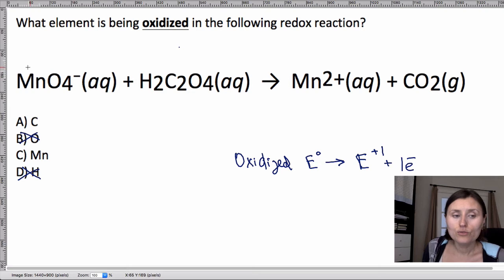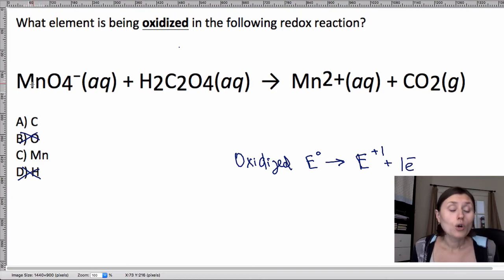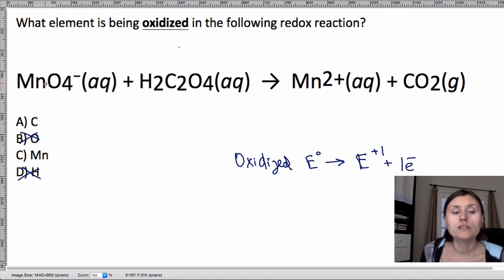In order to do that, we need to figure out what charge manganese has over here. In the product phase, manganese obviously has a +2 charge, but in the reactant phase, we actually don't know what charge manganese has. So how would we do that?